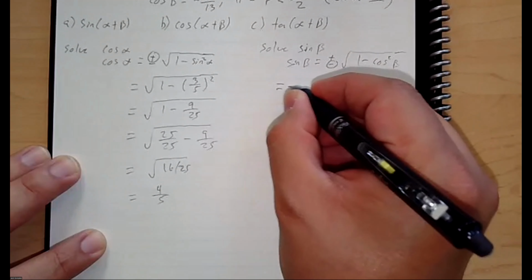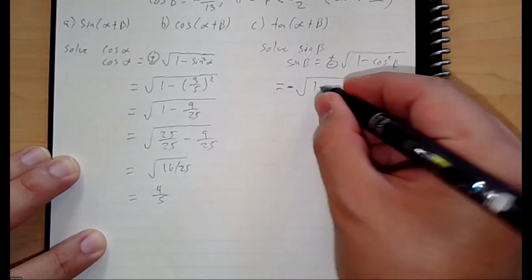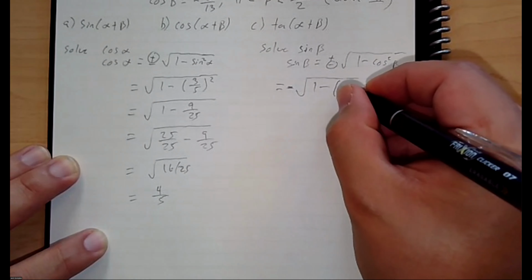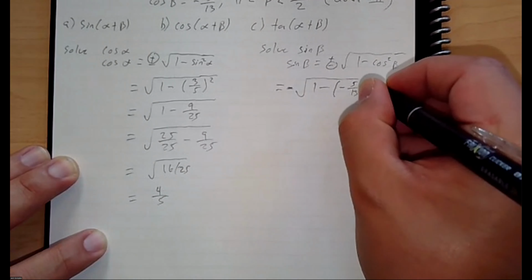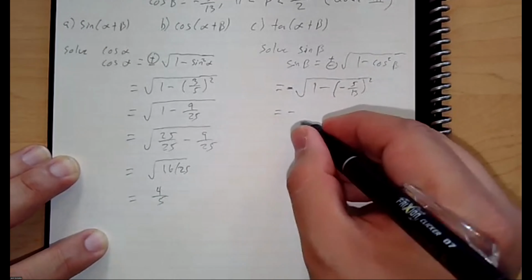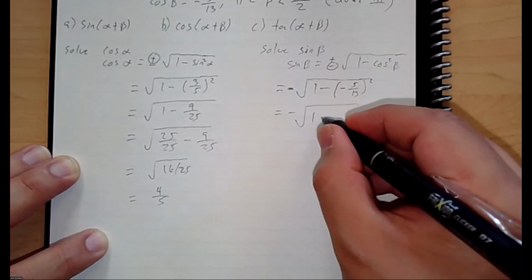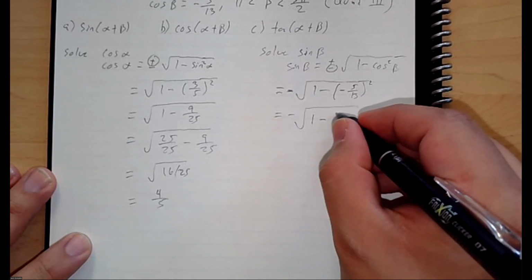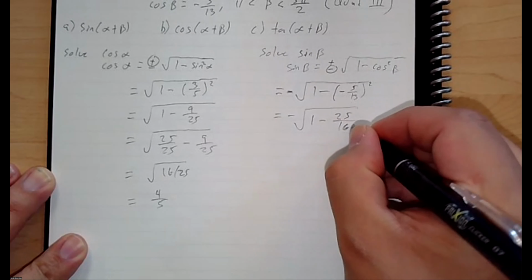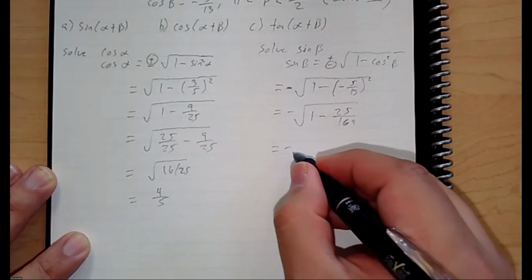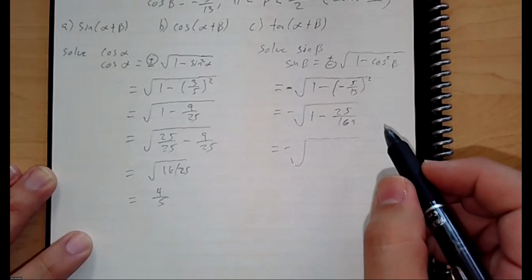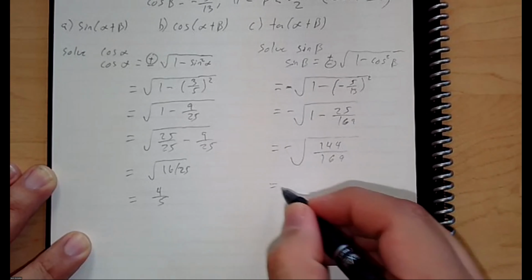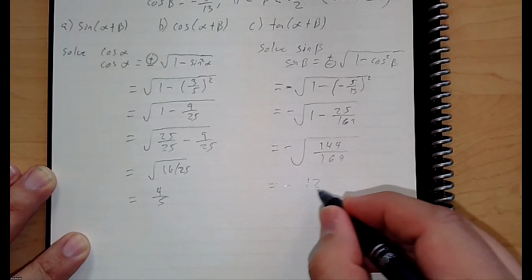Okay, so now it's negative square root of 1 minus cosine squared. Cosine is negative 5/13. That's 13 squared. One minus 25/169 would be 144/169, which is 12/13.